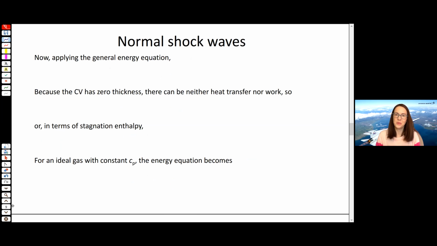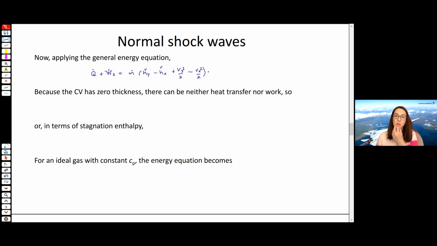And now we've used the continuity, so conservation of mass. We used the ideal gas law. We've used conservation of linear momentum. Now we're using conservation of energy. So in the general form, we've got our heat flux in plus our shaft work in is equal to the mass flux times the enthalpy downstream of the shock minus the enthalpy upstream plus Vy squared over 2 minus Vx squared over 2.